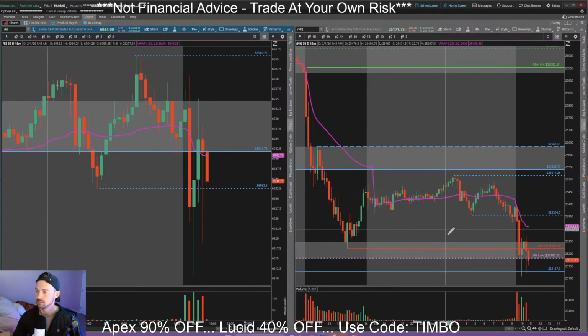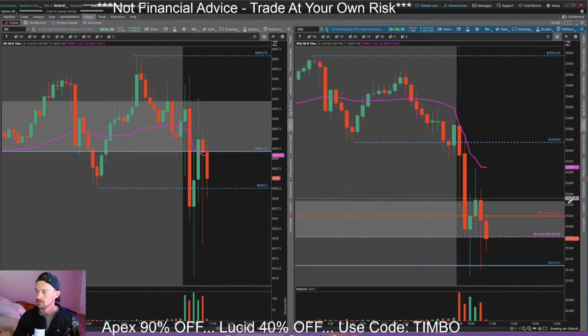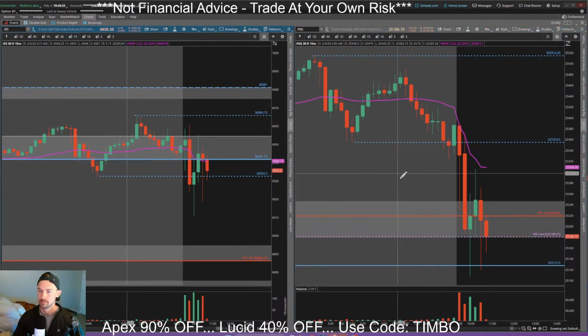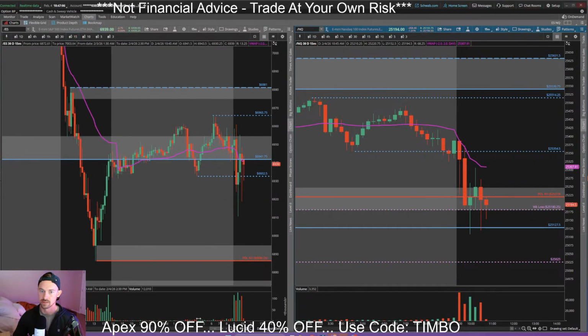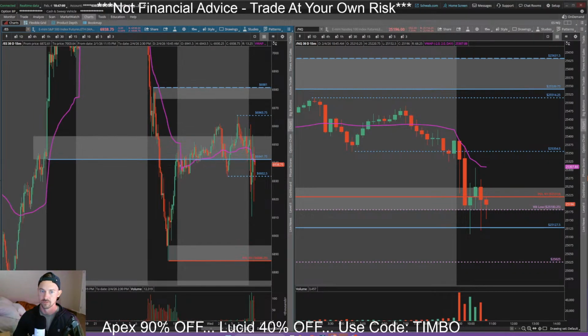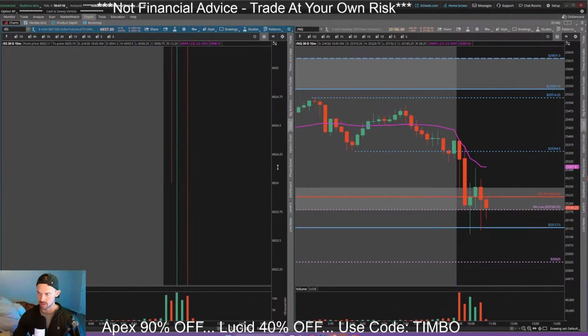15-minute chart. A lot of just chop here right now. Under the VWAP on NQ, ES is kind of hanging out near the VWAP right now. We'll see if ES can reclaim this Monday low, 41.75 on ES.